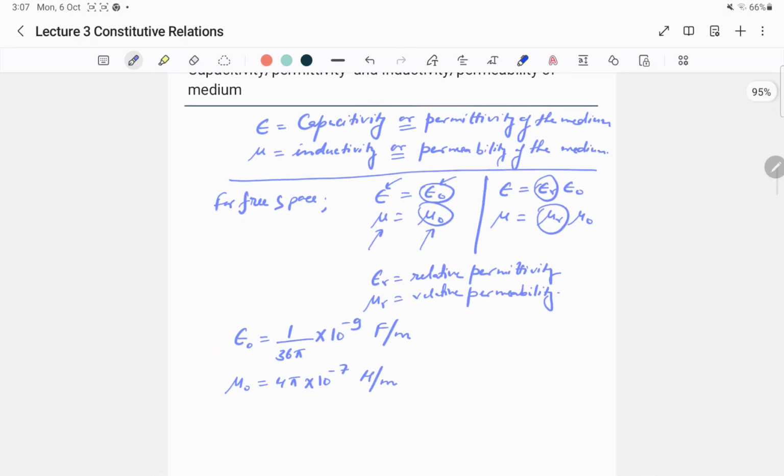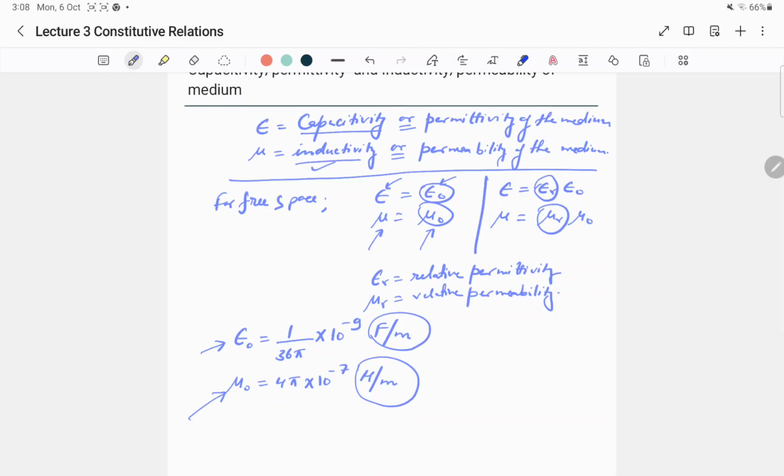So you can see why they are also called capacitivity and inductivity of the medium, because the unit of epsilon naught is farad per meter. So it represents capacitivity of the medium, and the unit of mu naught is Henry per meter. That is why we are calling it inductivity of the medium.